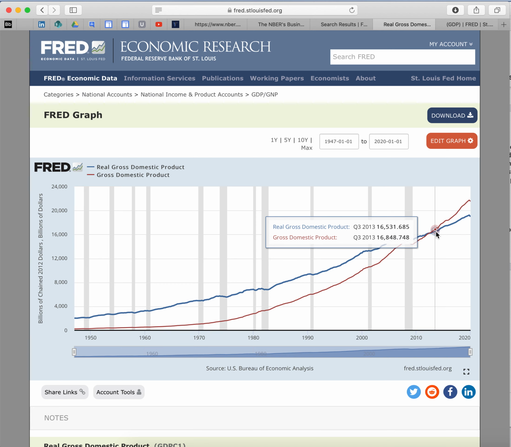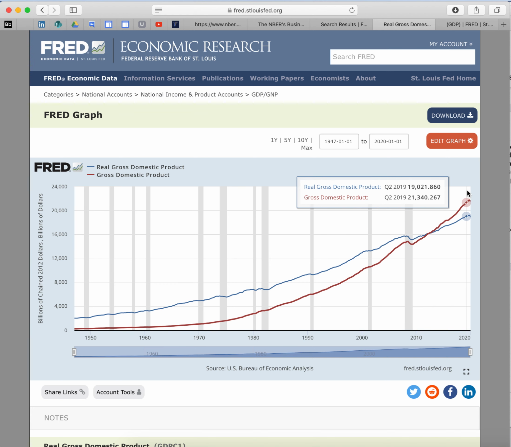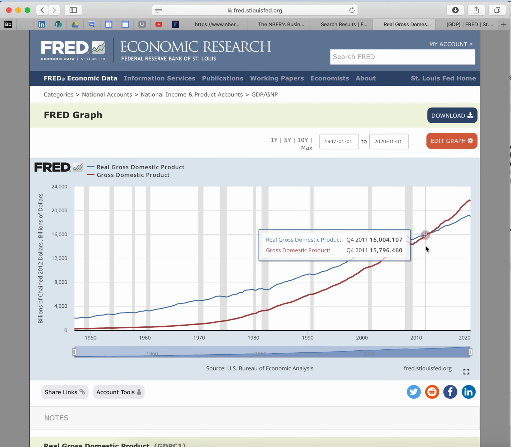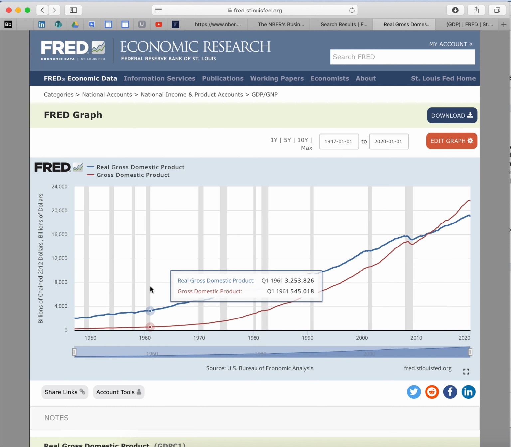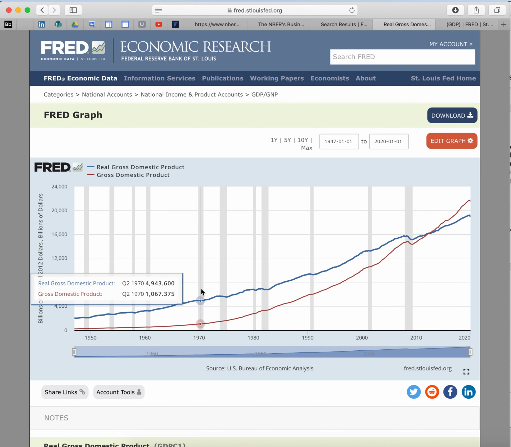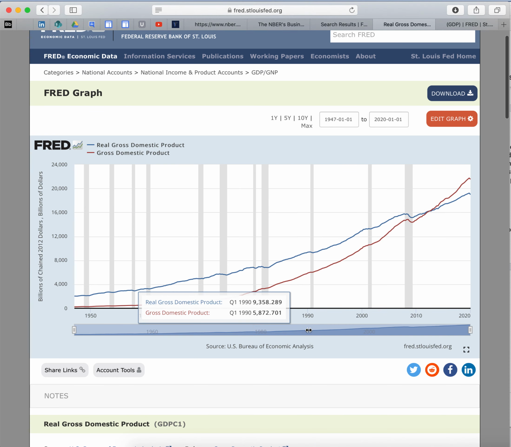So one of the reasons why the red line is growing faster than the blue line is because it's capturing both the increase in production and the increase in price level. Down here, what I'm doing is I'm sort of inflating the blue line using higher prices than we actually observed in that period.